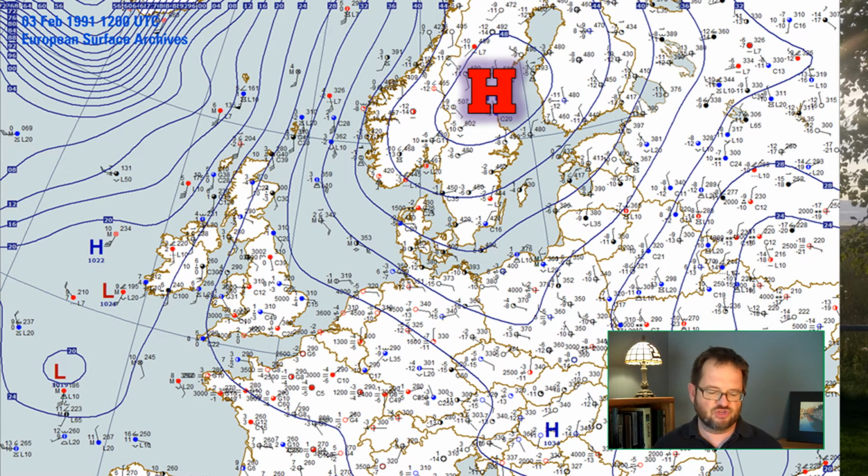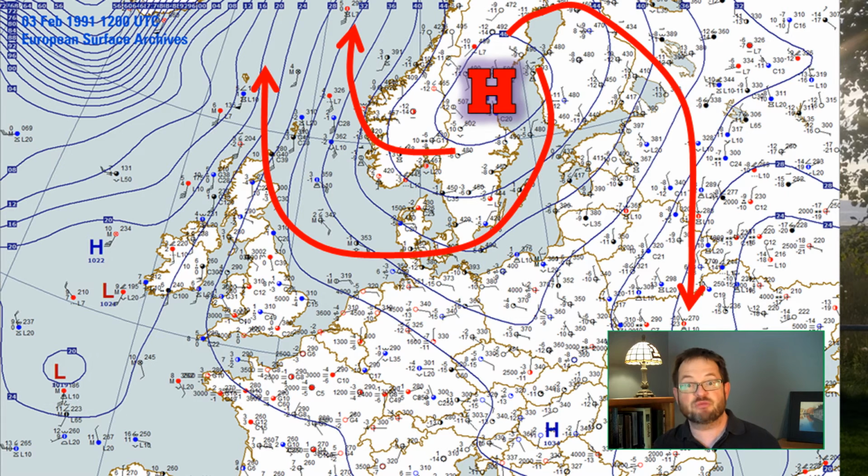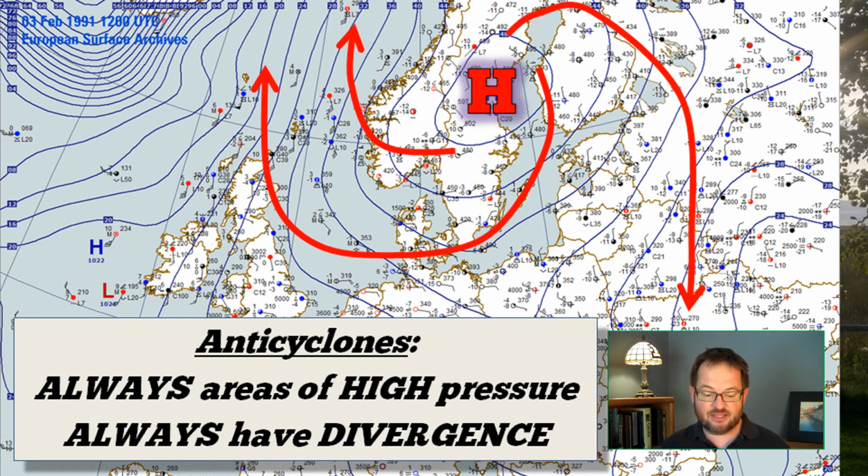In contrast, let me take a different day. This is from the European Weather Archives, just for a change of pace. We have a big area of high pressure centered over Scandinavia at this time. Again, there are wind barbs on there. They're probably pretty small on this view, and you probably can't see them, but I traced some of them, making a streamline of the flow. You can see that the flow around the anticyclone does a curious thing.